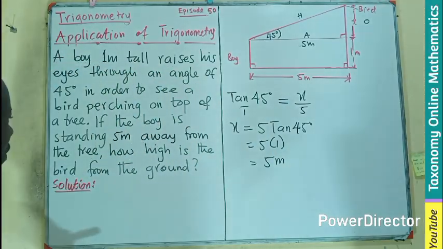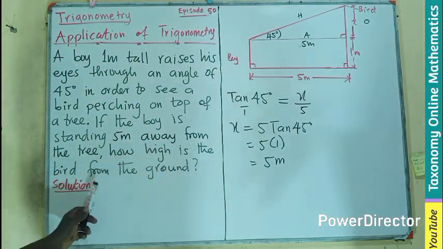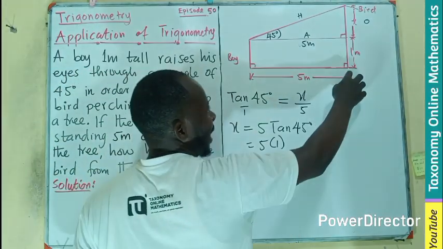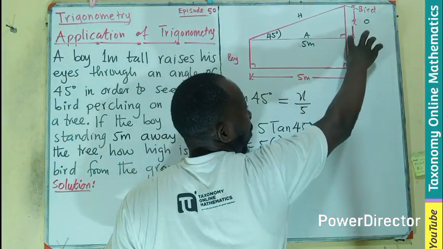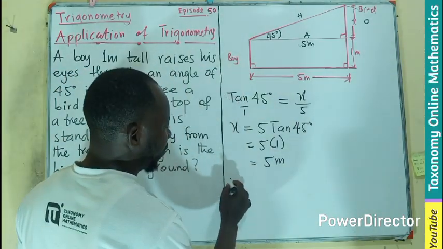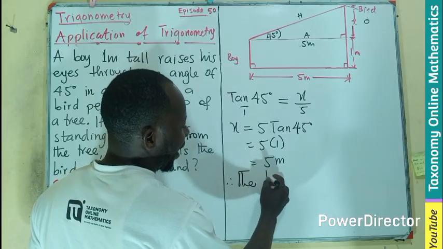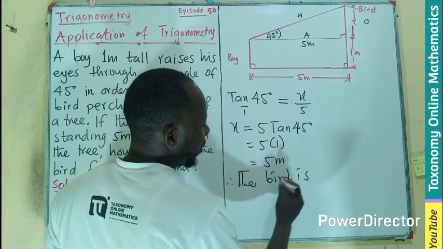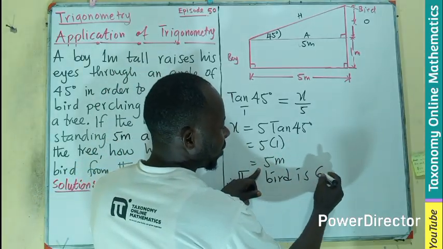But we are looking for how high the bird is from the ground, including the height of the boy. So we can say that therefore the bird is going to be 6 meters.